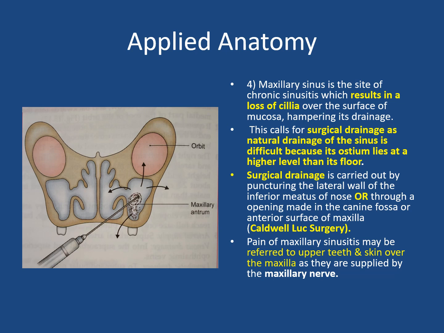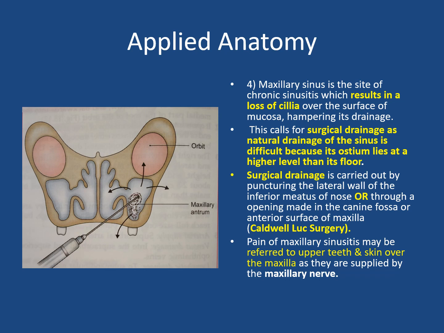Had the opening been in the inferior meatus, there would have been no problem in the drainage of the secretions from the maxillary sinus. But because the floor of the maxillary sinus is at a lower level than its opening, drainage becomes difficult as a result of loss of cilia due to chronic sinusitis.